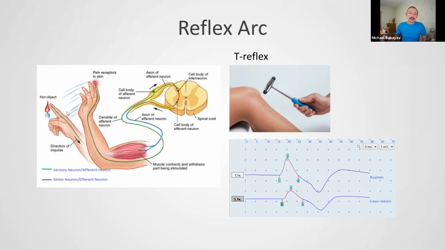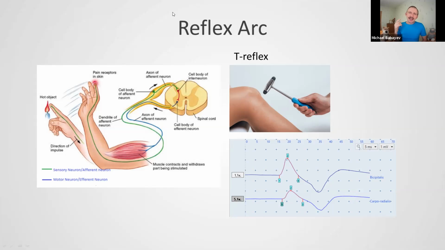If, for example, this interneuron were absent here in the spinal cord, how would it work? We put a finger in the flame. It produces a very high signal. This signal will go to the spinal cord, then up to the brain.